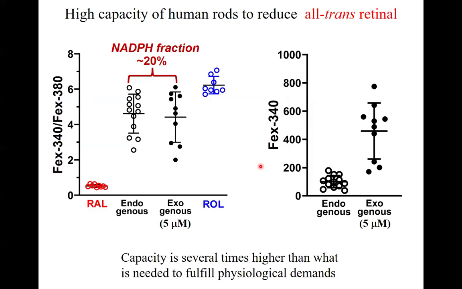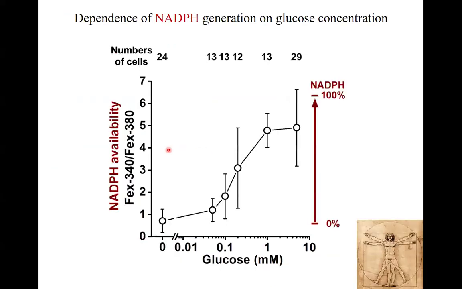But basically the capacity is several times higher than what is needed for the physiological demand of the retinal to retinol reduction. And we have done a glucose titration with the exogenous all transretinal, and very similar to the mouse, it breaks up a little bit below 0.2, 0.1. But overall it's quite similar in terms of the dependence on the extracellular glucose concentration.